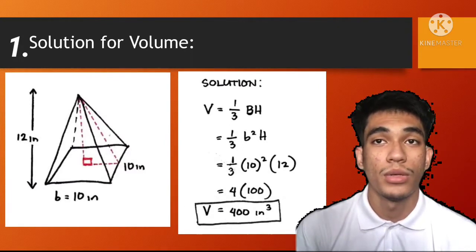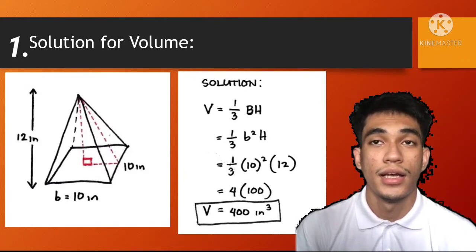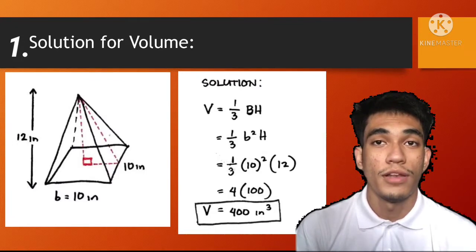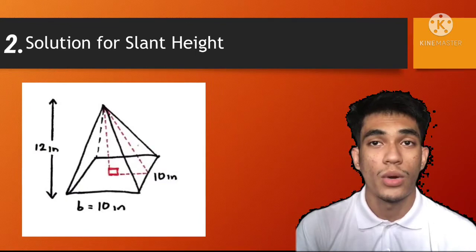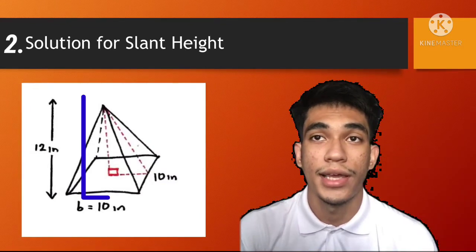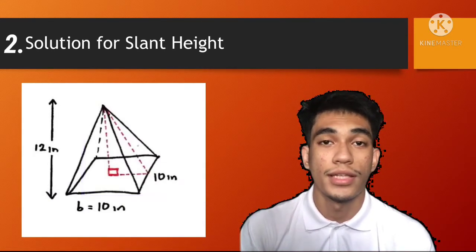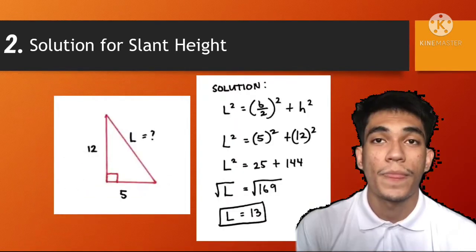Now, what about the surface area and also the lateral area? How can we find those? Well, first, we need to calculate our slant height. How can we do that? Notice that we can make a right triangle from this red line. We will focus on that right triangle.